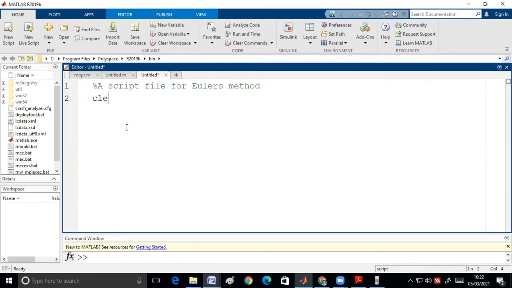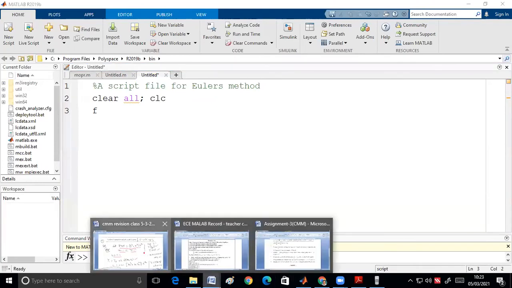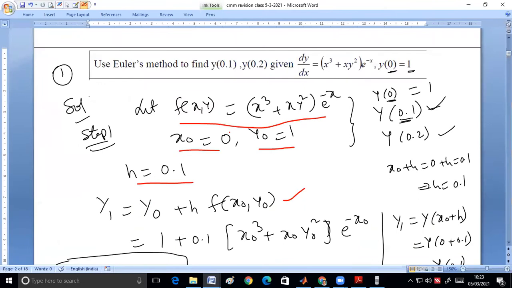Before that, clear all the variables and clear the command window. Now f equals, our function is a function of 2 variables. Earlier it was a function of 1 variable. Now it is a function of 2 variables, that's why give it in a different mode.